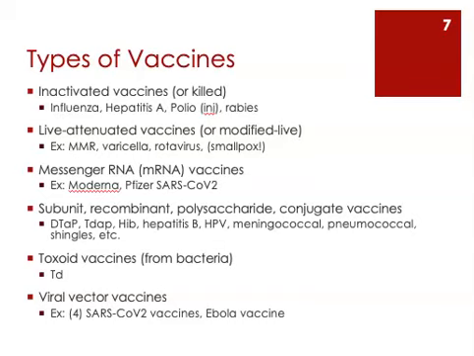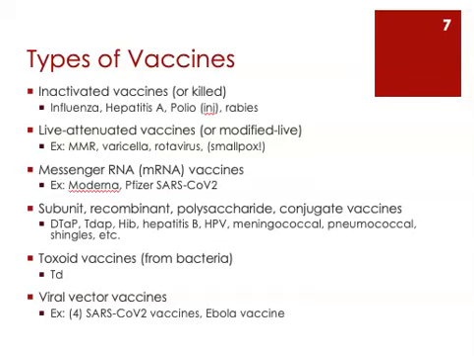One type that we didn't talk about in detail is the toxoid vaccines. All the vaccines I've been talking about so far are used to provide immunization against viral pathogens, but it is possible to protect people against bacterial pathogens with vaccination.